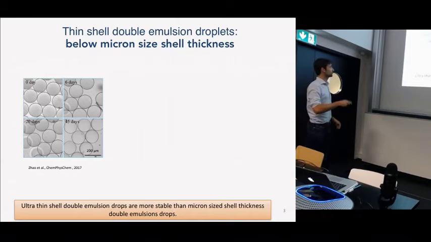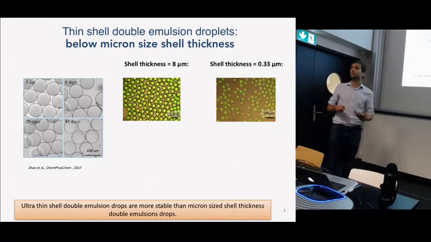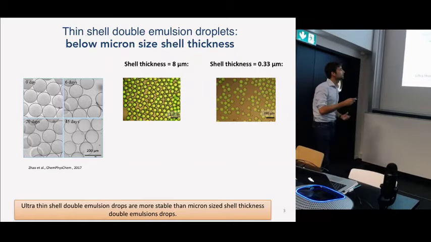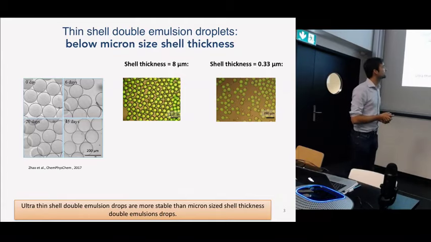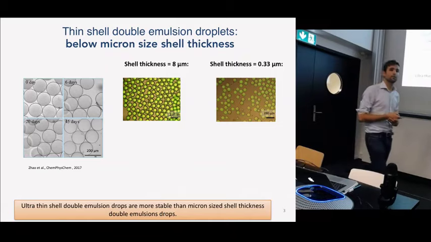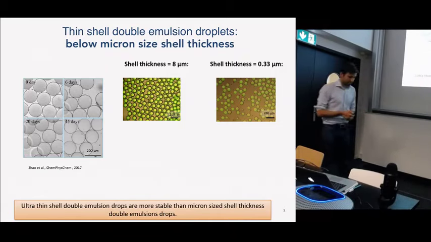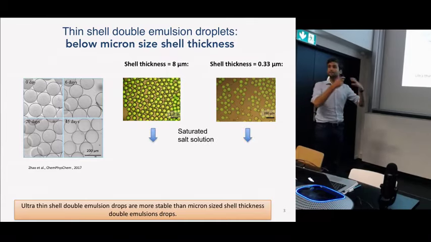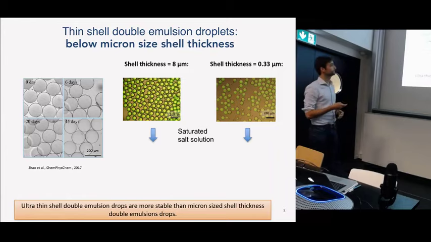They have been shown to be stable over several days, but we tested the stability ourselves, by having double emulsions which have a shell thickness of around 8 micron on the left, and double emulsions which have a thin shell of around 330 nanometer on the right. And we added a salt solution to destabilize the drops, basically to break them.